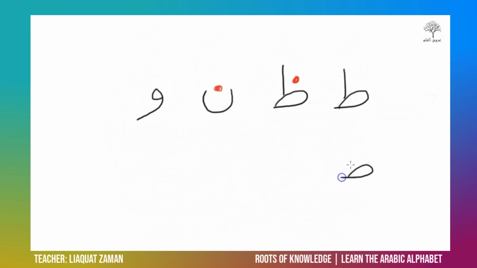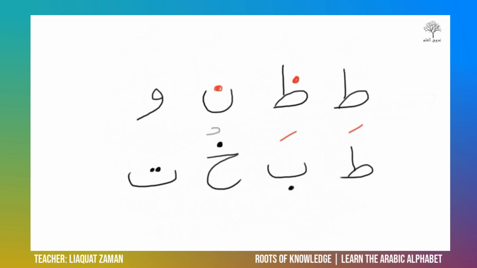Okay, now let's try a few combinations. We've got a ta there, and remember that letter? A ba, and we've got one with a dot on the top, it's kha, and we've got a ta. Let's put some vowels on these. Put some fathas there, and let's put a sukoon there.